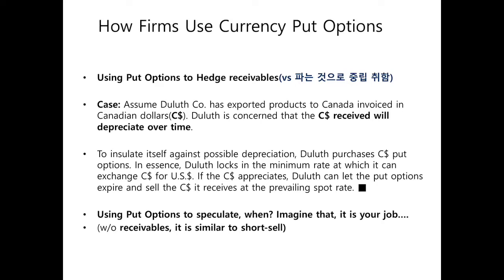So here we assume Duluth Corporation is based in the United States. I exported a product to country A, and country A becomes Canada, right? After I export, I have to receive a payment for that, but the payment is denominated in Canadian dollars.